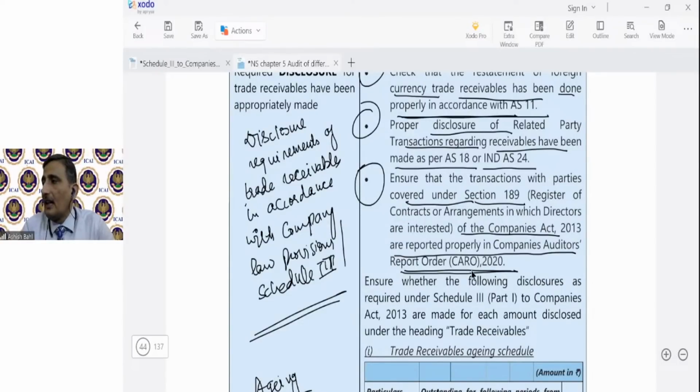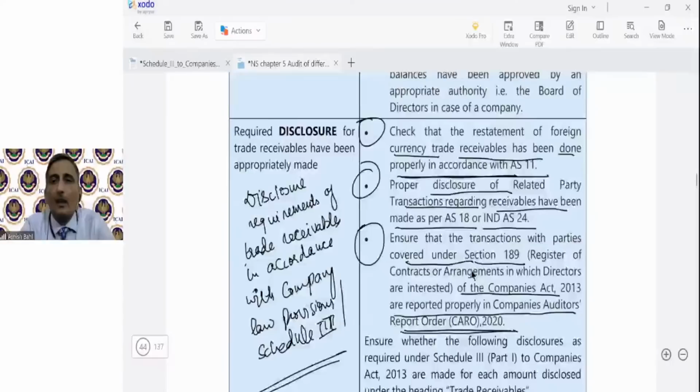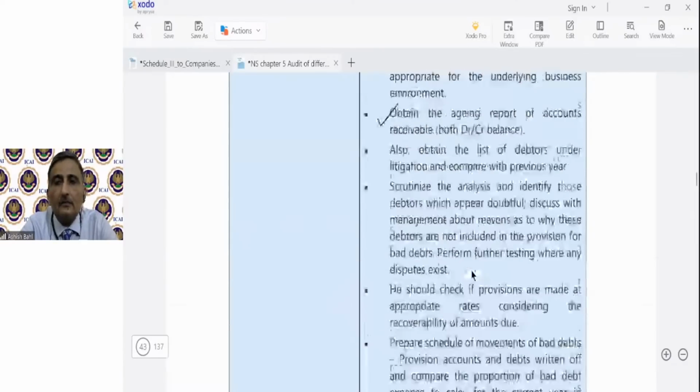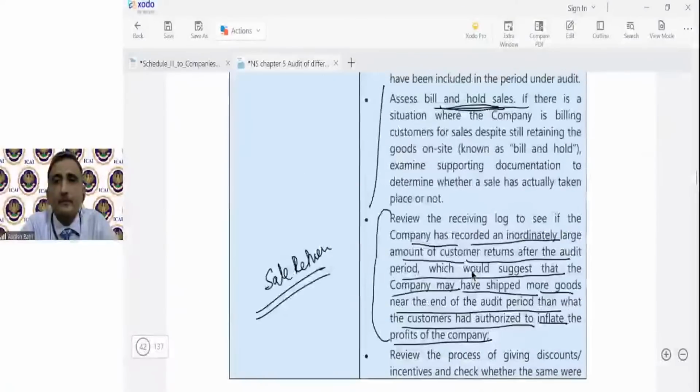Yes, Parth Rana, you are asking about the receiving log topic, where it was used. Yes, reviewing the receiving log.